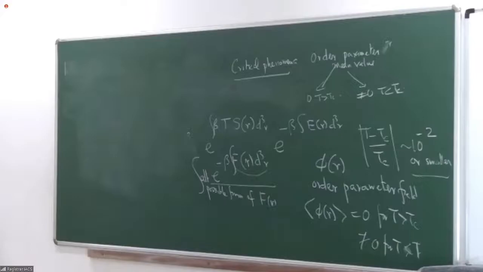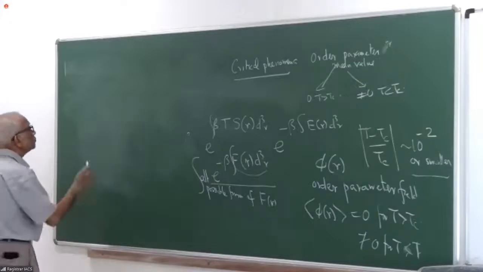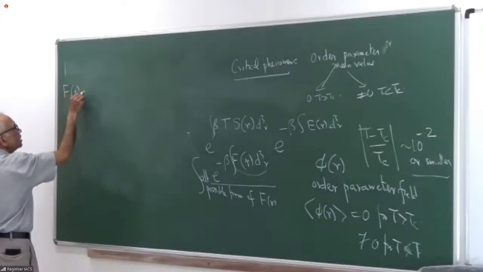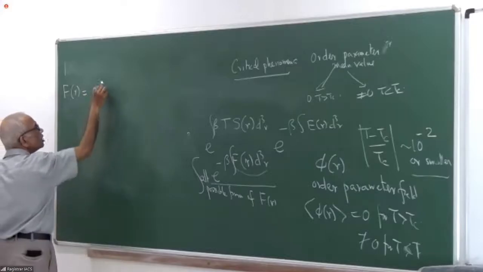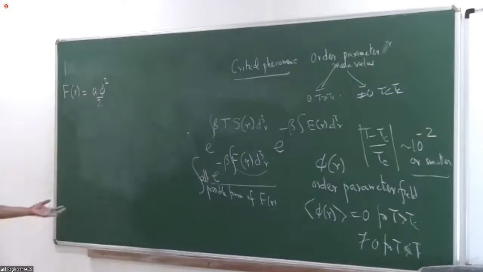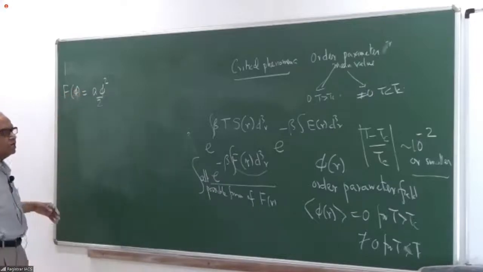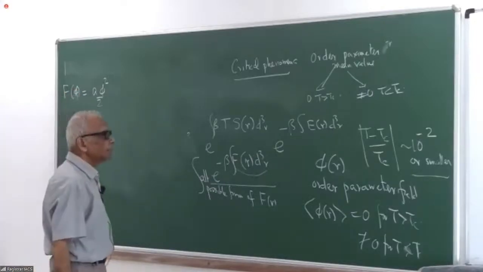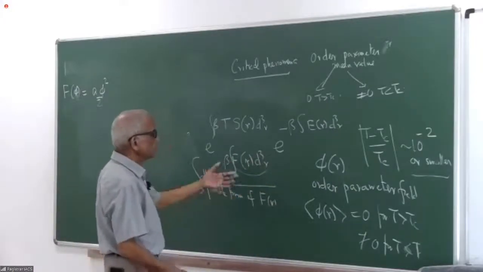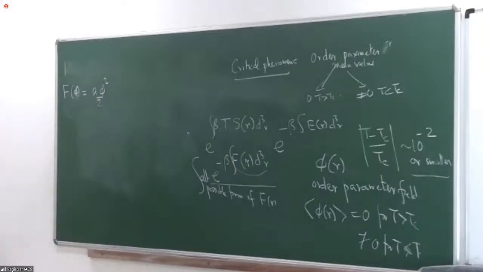So this phi of r is the local magnetization, and you write the f of r as an expansion, a phi squared by 2. Sorry, f of phi. This now is this f over here. It is f of r through the function phi. So phi is a function of r, and f itself is a function of phi, and that is how the f of r comes about.